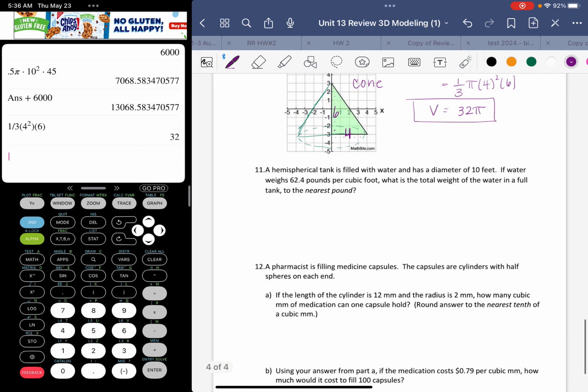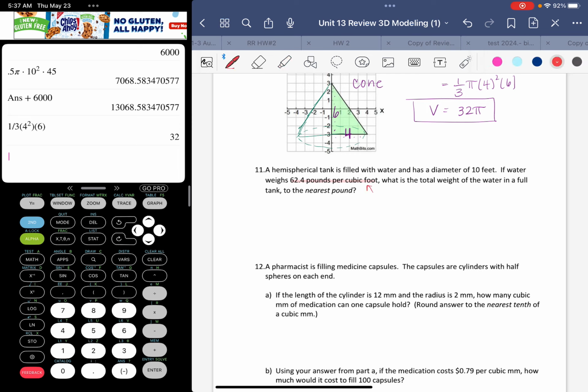All right, number 11. A hemispherical tank is filled with water and has a diameter of 10 feet. If water weighs 62.4 pounds per cubic foot, what is the total weight of the water in the tank to the nearest pound? So what they just did here is they gave us a density. Right, it's pounds per cubic foot.